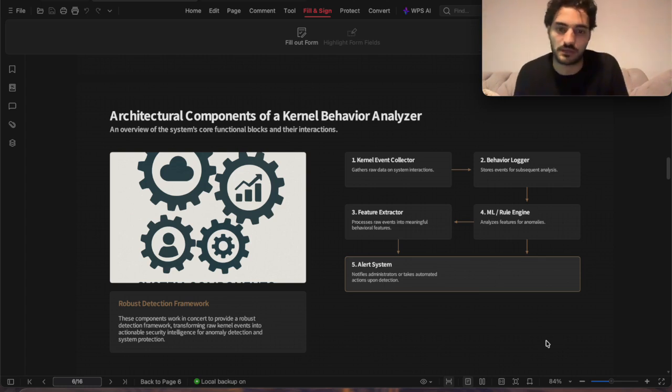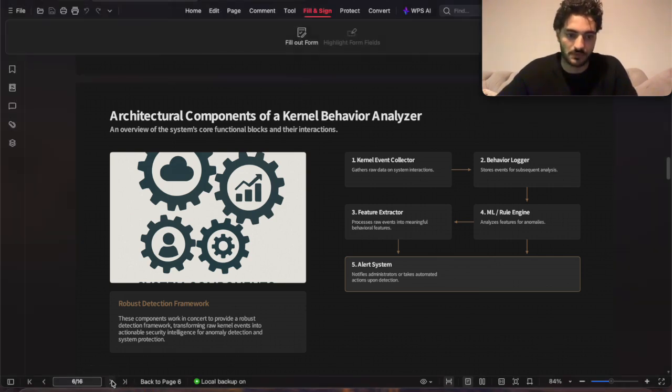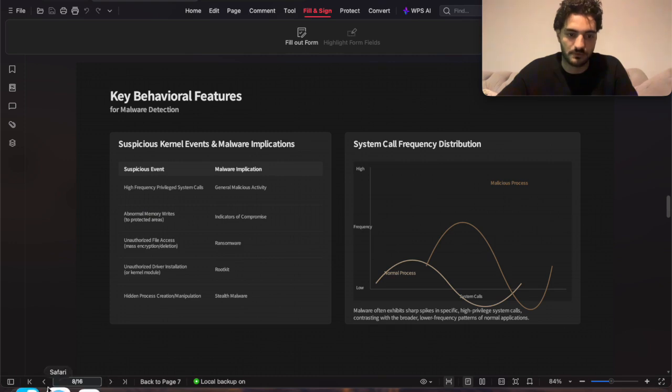Step 3, feature extractor processes raw events into meaningful behavior features. Step 4, ML rule engine analyzes features for anomalies. Step 5, alert system notifies administrators or takes automated actions upon detection. Steps 3 and 4 are connected to step 5. I'm going to go to the next slide.